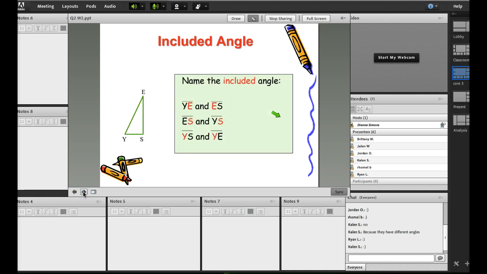All right. Included angle. So name the included angle. Which angle is included between YE and ES? Type it in there.